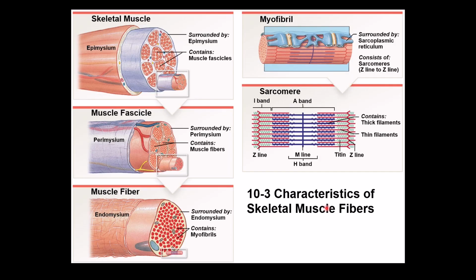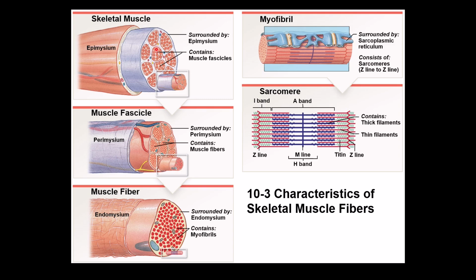There's a little bit more information about the organization of the skeletal muscle. So epimysium wraps around the whole muscle. It contains its own blood supply and nerve. So you can see the blood vessels are here, and this is a nerve. And it is made of collagen fibers.